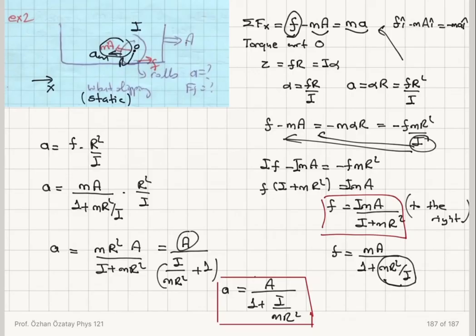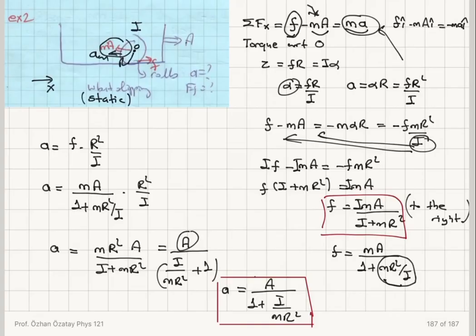Okay, so you can see the dimensional analysis really helps you figure out if you have made a mistake in your final answer. So there are two things to pay attention to here. One is the vector nature of these equations. So you have to pay attention to, is this acceleration positive or negative?